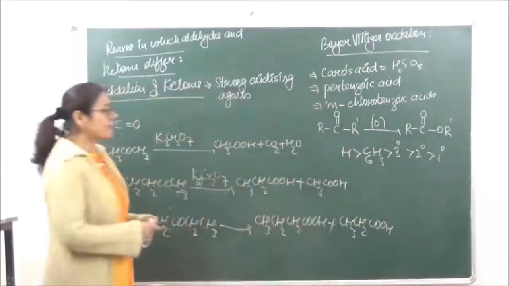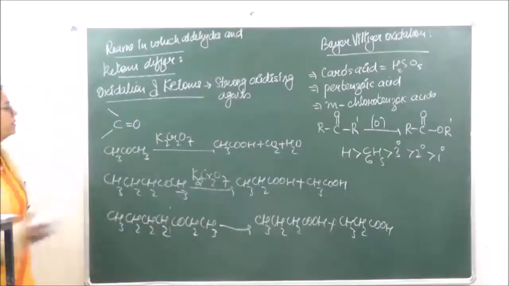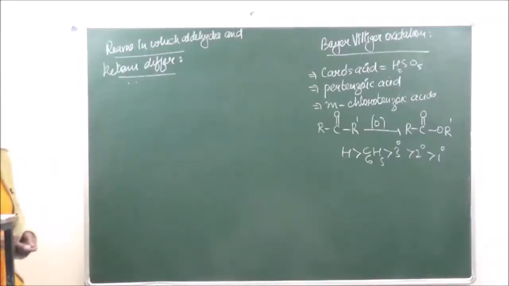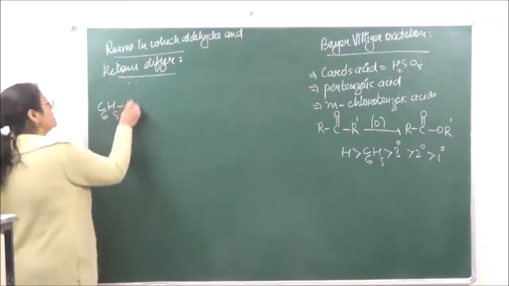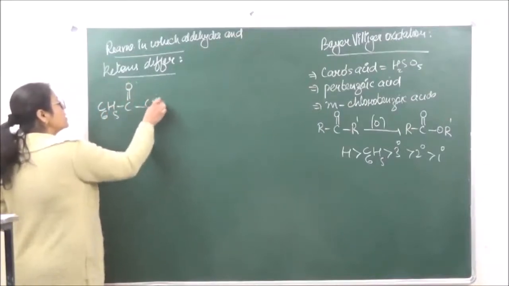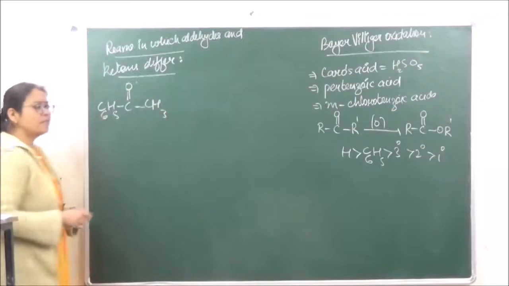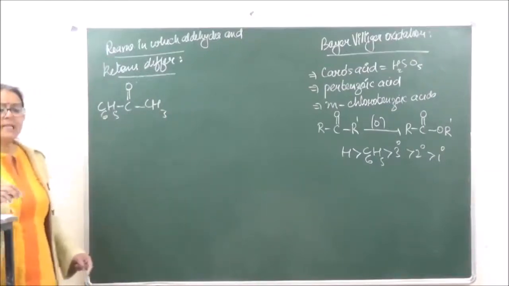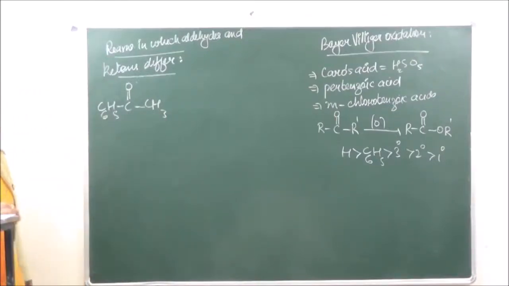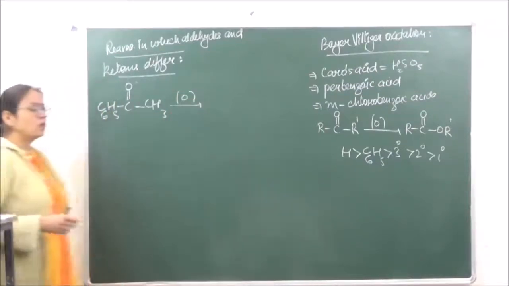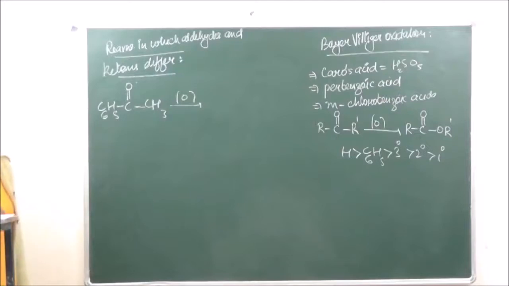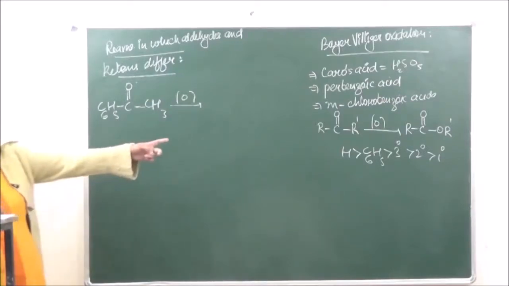So let's understand this by taking an example over here. Suppose we are taking C6H5 C double bond O CH3. So you can see on one side there's a phenyl group present, on the other side there's an alkyl group present. Okay? Now when we oxidize it, according to this rule, the oxygen is going to be placed where the following order is followed.